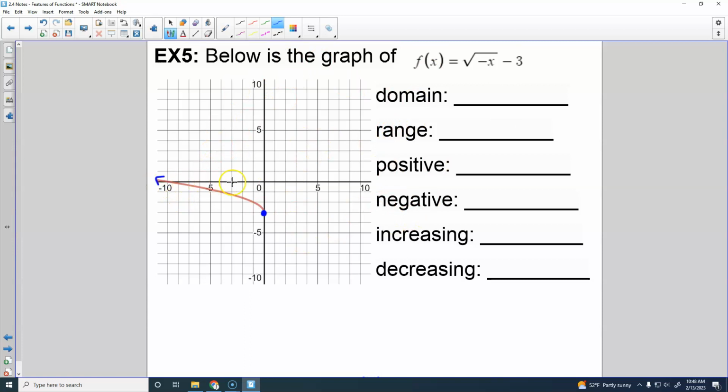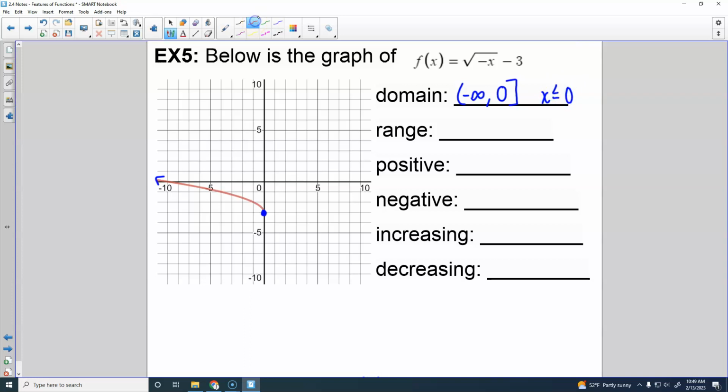So you're thinking x-axis over here at negative infinity, you have part of your graph all the way up to 0. Do we include 0? We do, because we have a closed circle right there, and the graph does exist at that point. So we would use a bracket for that. Or the other way we can write that is we can say x is less than or equal to 0.